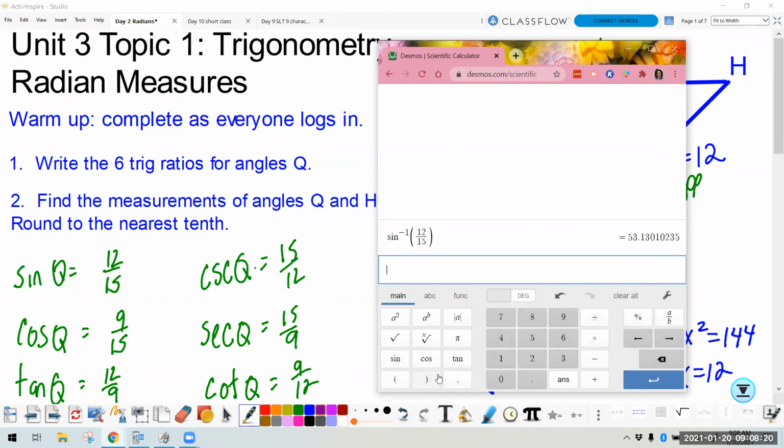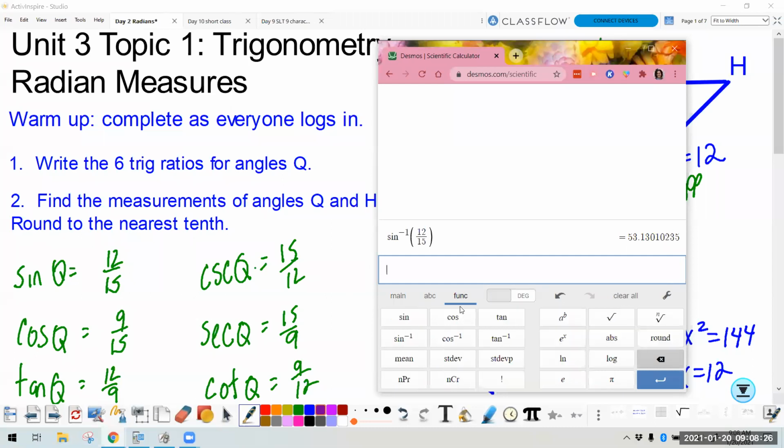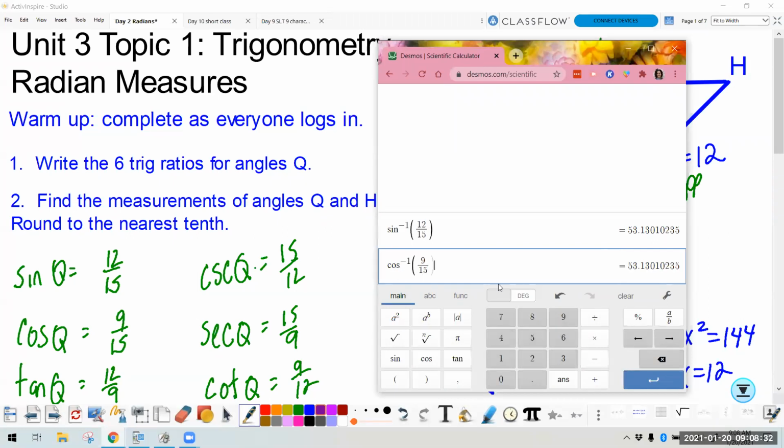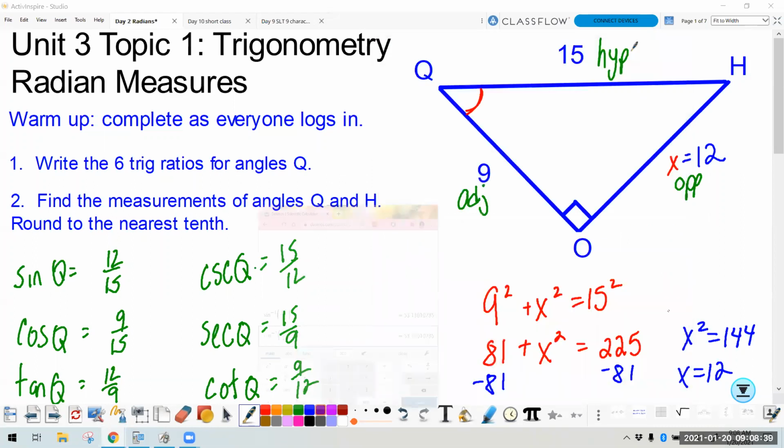You can't divide by sine or cosine or tangent. You have to inverse to solve for the angle. If I picked cosine or tangent, it works the same exact way because it's all the same angle. We get 53.1. Okay, so this is 53.1 degrees.